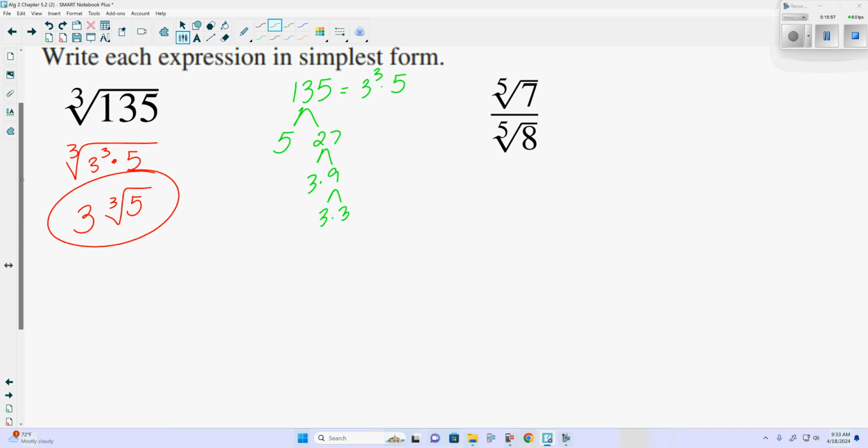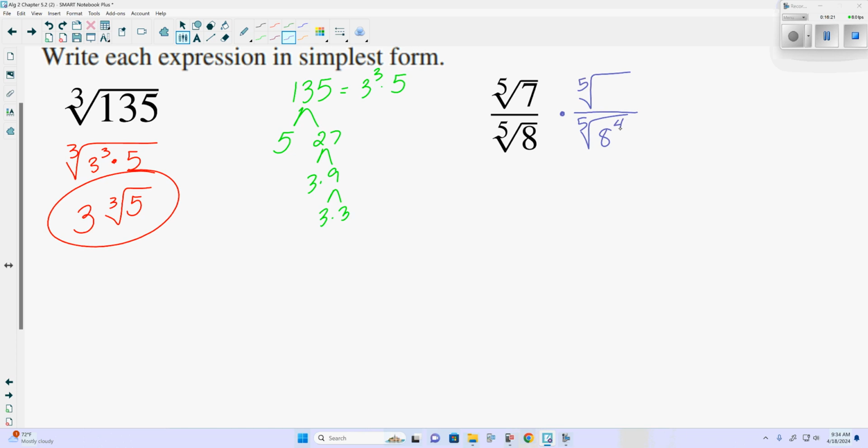Now, the big issue is not so much the radical on top, it's the radical on bottom, yes? Now, we need it so that we have a number to the fifth power, yes? Well, one way we can do this, and it is possible and does work, is I can multiply the top and bottom by 8 to the fourth.